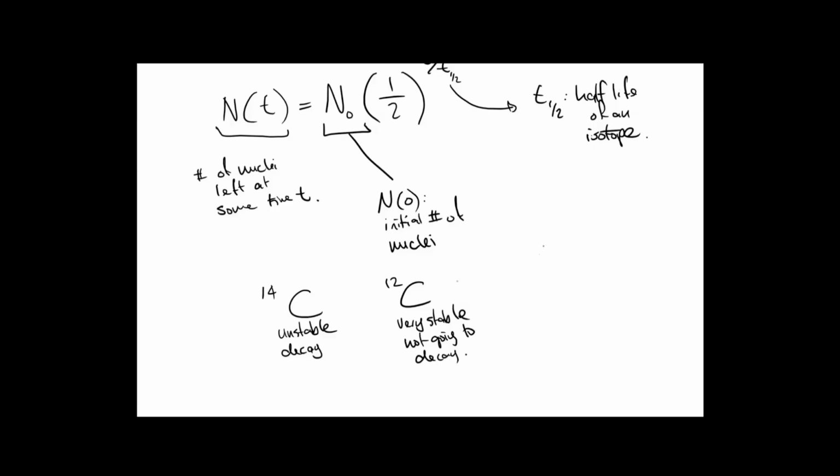So if we know the ratio of carbon-12 to carbon-14, and we know the half-life of carbon-14, remember we were given it before, it's 1.8 times 10 to the 11 seconds, we can work out how old something is which used to be alive. And this is carbon dating.